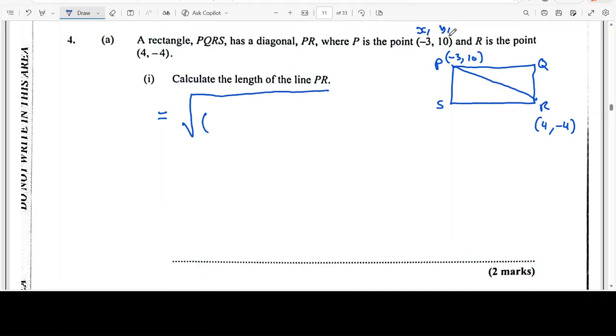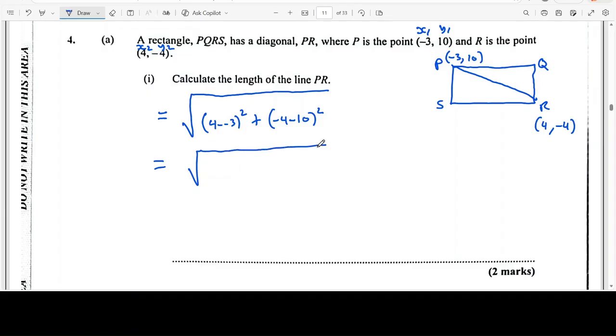So let me name them. X1, Y1, X2, Y2. So X2 take away X1, 4 take away negative 3, squared plus negative 4 take away 10 squared.